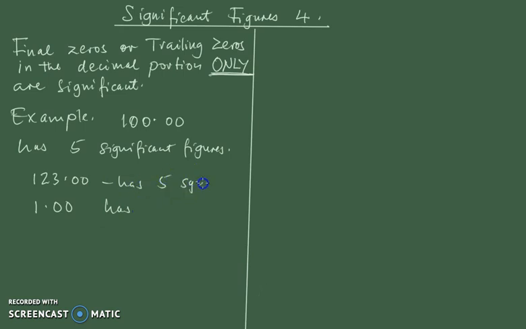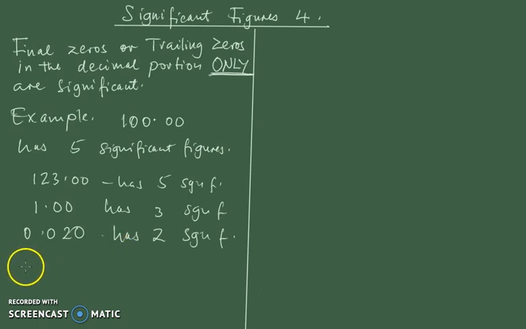A number like 0.020, this number has 2 significant figures.